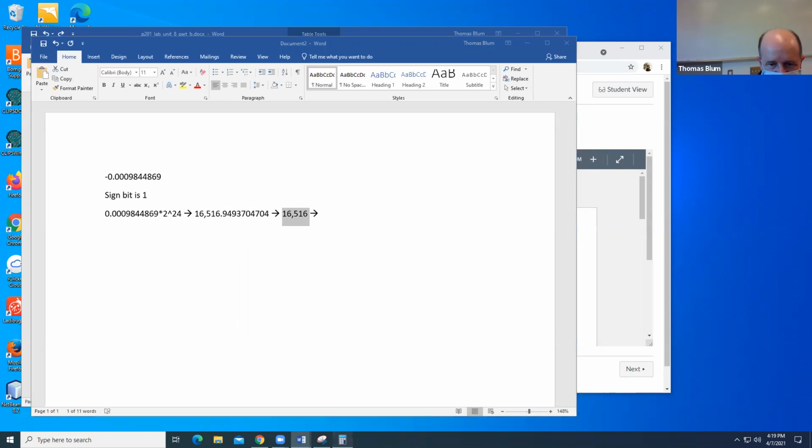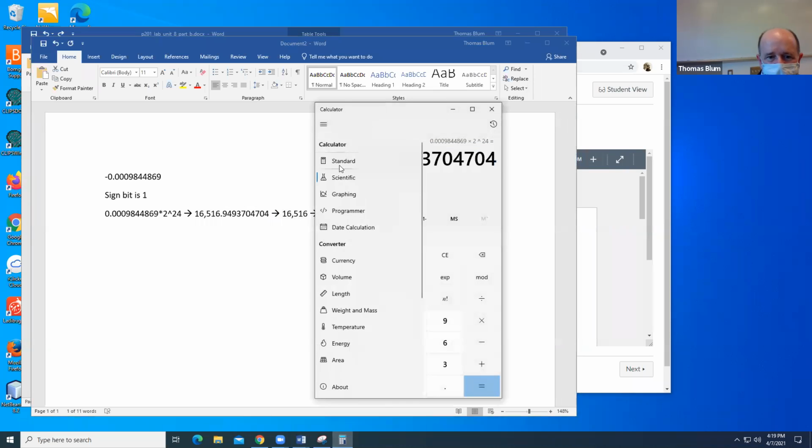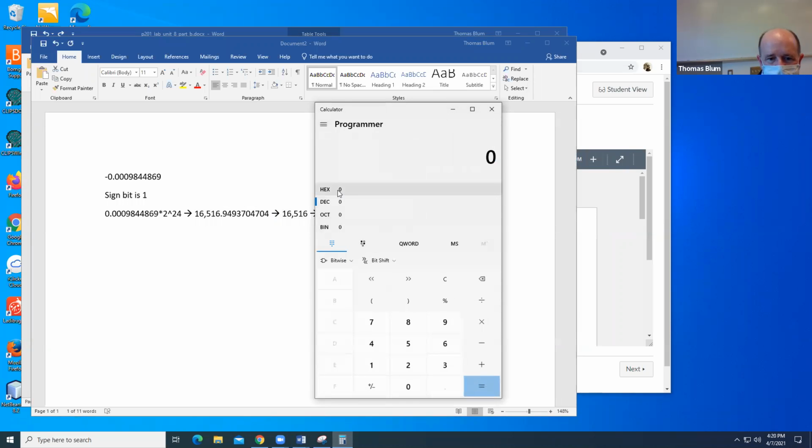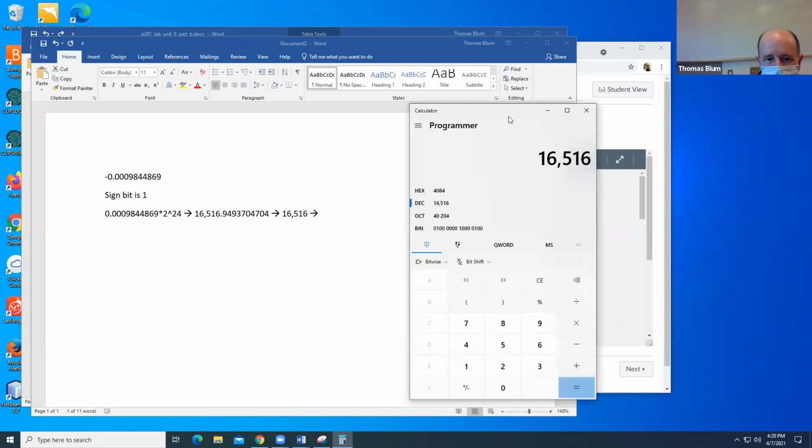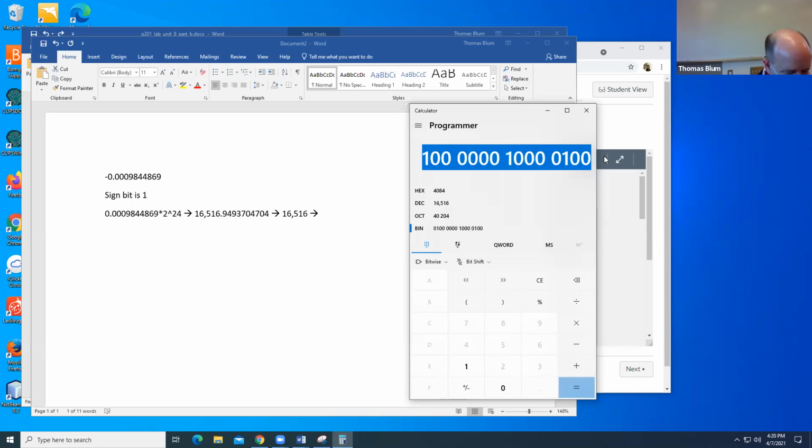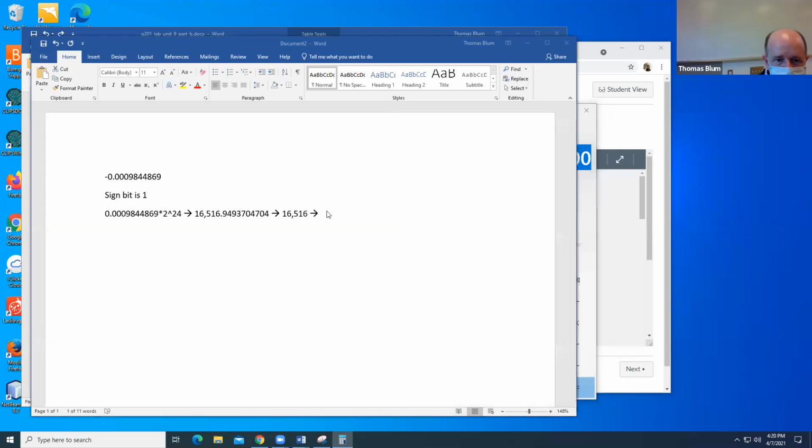Then I'm going to go back to the calculator, but in programmer mode. Control V and paste it in there. And here is my result in binary. Remember that we're playing around with 24, but we didn't get 24.